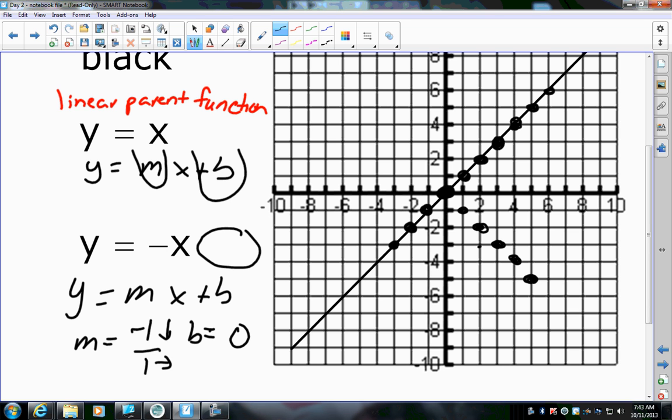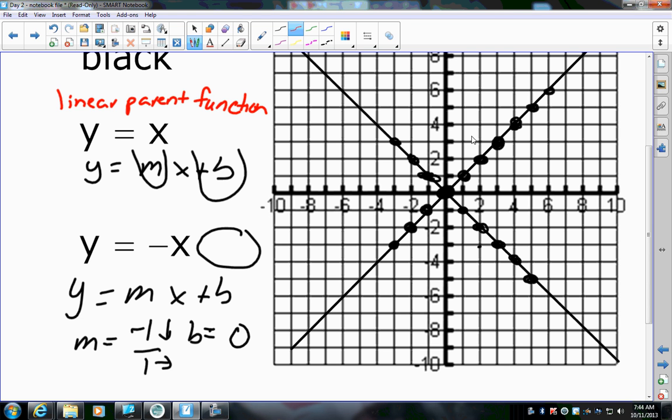Or you can go backwards. Up 1 to the left 1. Up 1 to the left 1. Now, out of these two equations, did we move the same numbers?